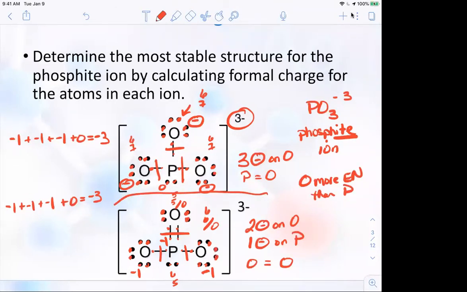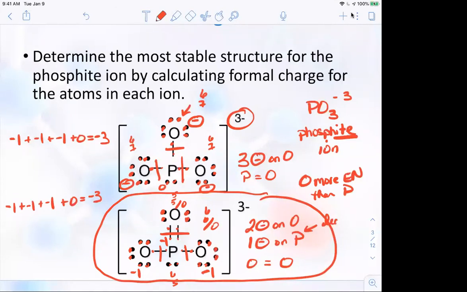So this structure is going to be the worst structure, right? Because my negative charge is on the least electronegative atom. So this is the worst structure. This guy is the best structure because my negative charge that's different between the two is on more electronegative oxygen.